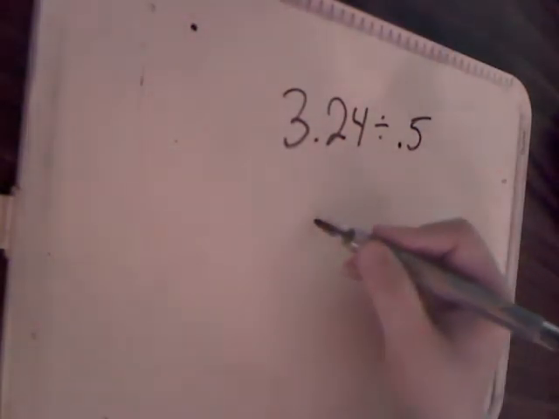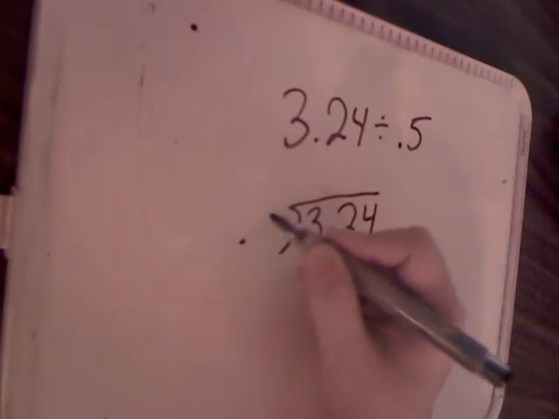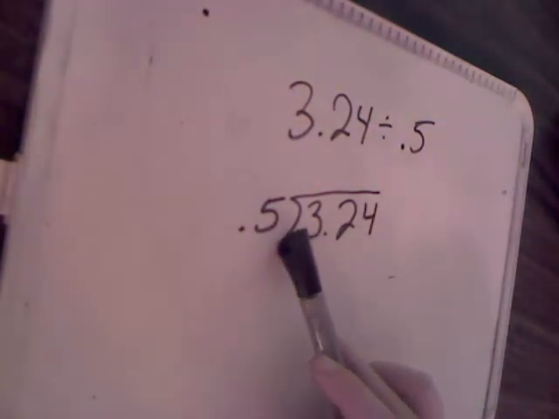Let's try one where you actually have to move the decimal. Let's try 3.24 divided by 0.5. Now what this is going to look like is it should look like this. And now what we have to do is get that decimal point all the way over as close to the division sign as possible.